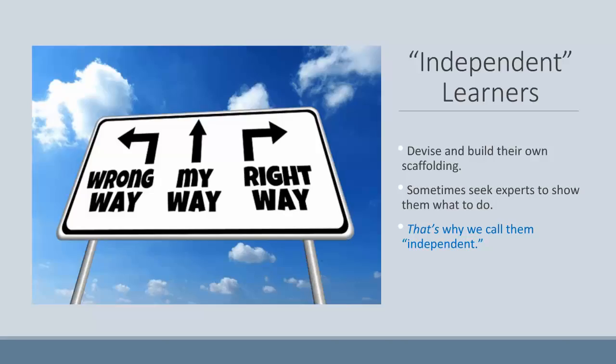But independent adult learners aren't actually independent. They just operate with less and less help from experts. We call them independent because they are able to select and use on their own the scaffolds that are available to them. If you look up a technological process on the internet, for instance, syncing your computer calendar with your phone's calendar, you'll find lots of possible scaffolds.